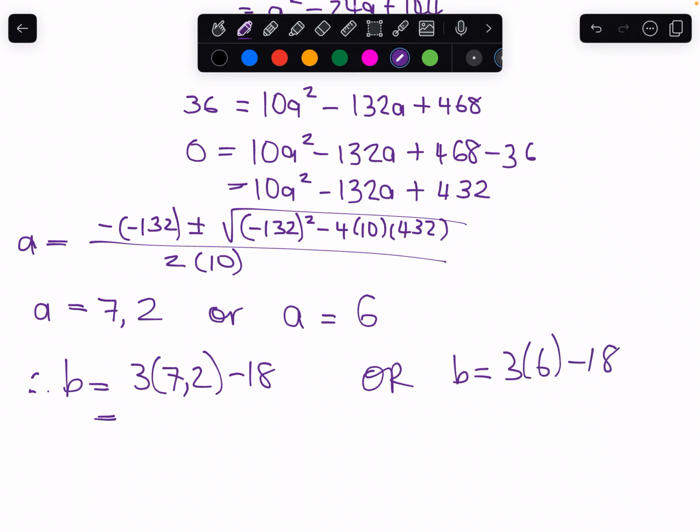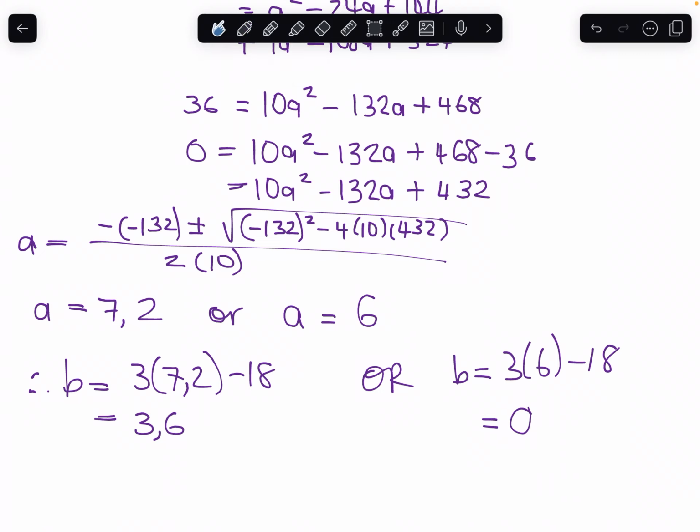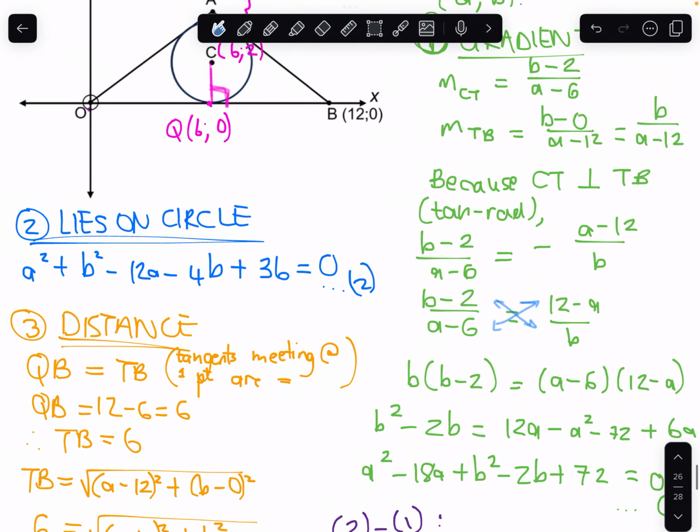So that would be 216 minus 18, which is 36. And over here we have 18 minus 18, which is 0.